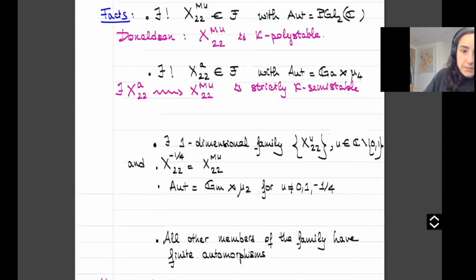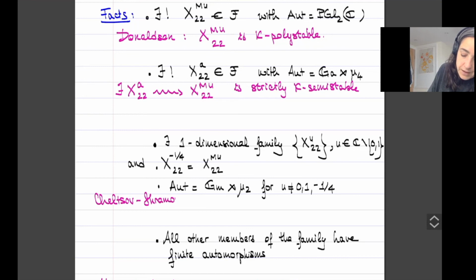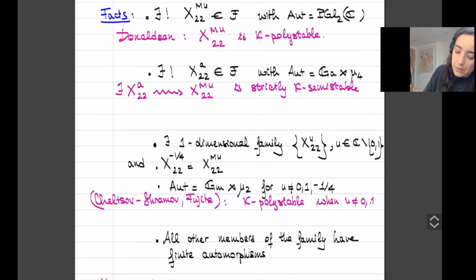Then this 1-dimensional family has been studied quite a lot recently, and results of Cheltsov and Shramov a couple of years ago and Fujita a couple of months ago show that all of these are K-polystable when U is not equal to 0 or 1.